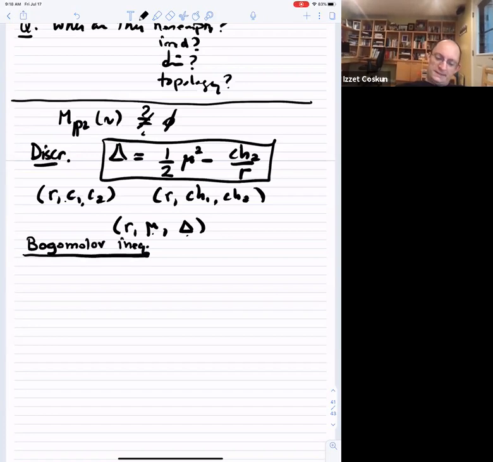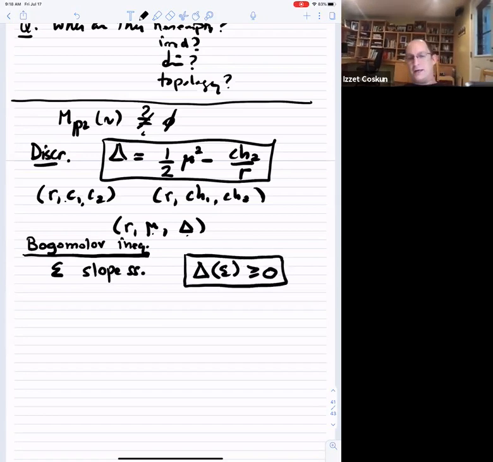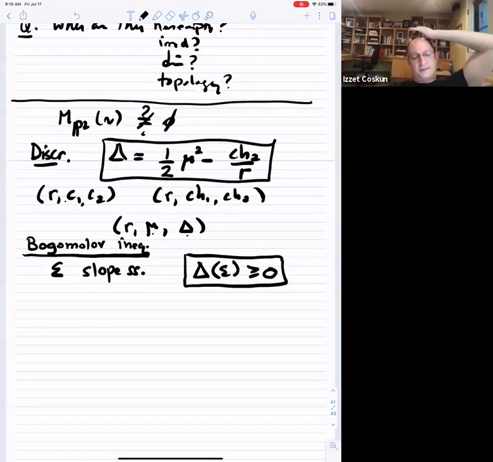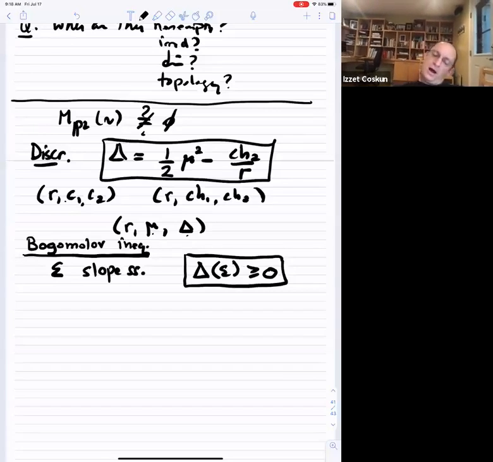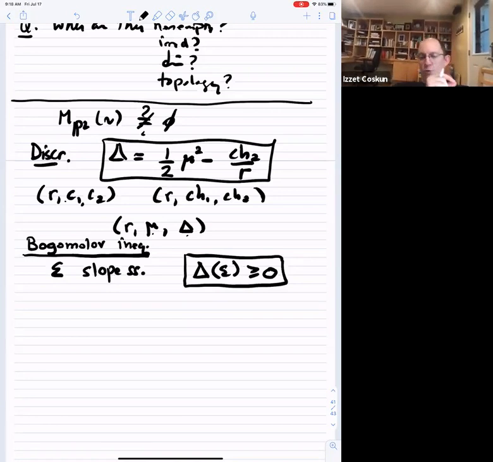What it says is that if you have a slope semi-stable bundle, then the discriminant of this bundle has to be greater than or equal to 0. You see that this is really an obstruction for the existence of semi-stable bundles. If this is not satisfied, then you cannot have a semi-stable bundle with those invariants.